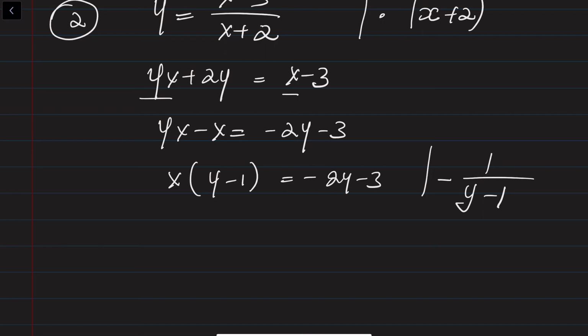Let's divide both parts by y minus 1. So what you get here is x is equal to minus 2y minus 3 divided by y minus 1.